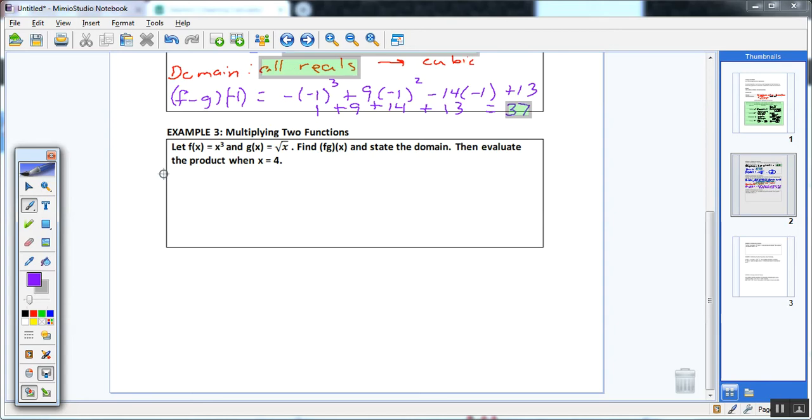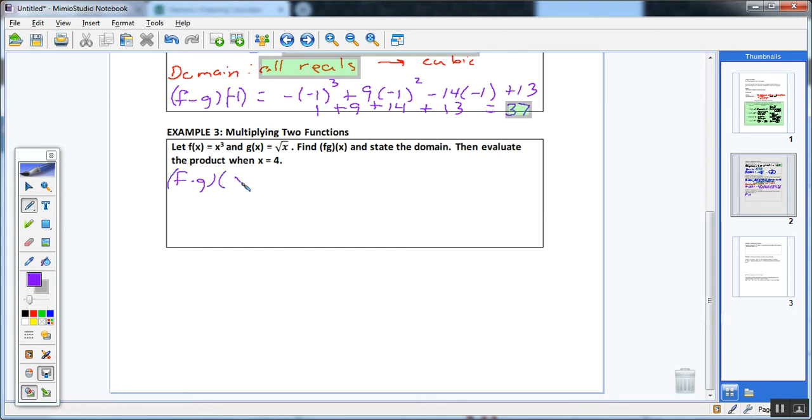Okay, now I could do this a couple different ways, kids. First of all, f times g of x right here could equal x to the third times the square root of x.